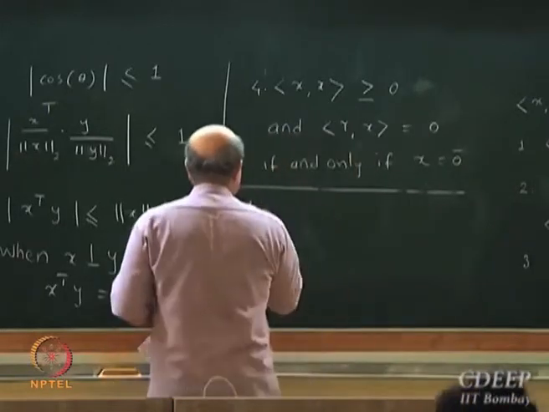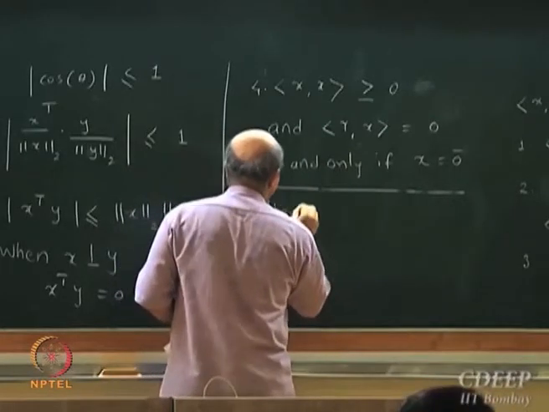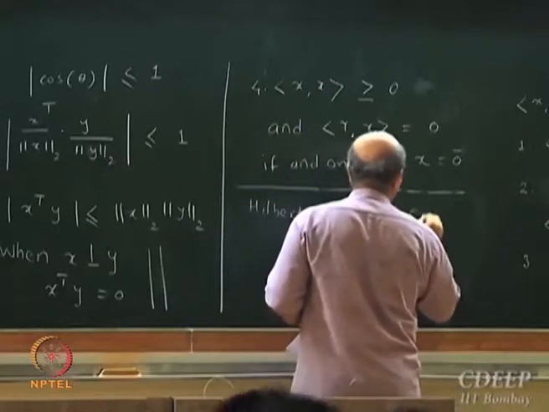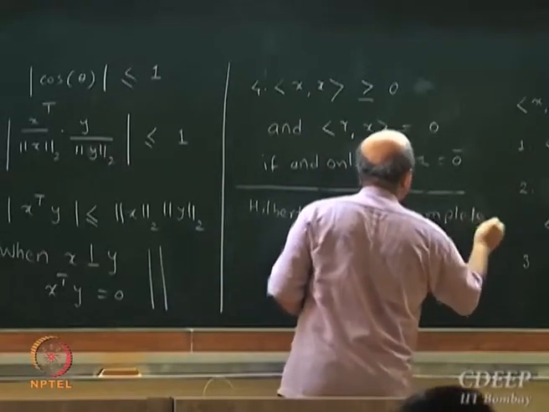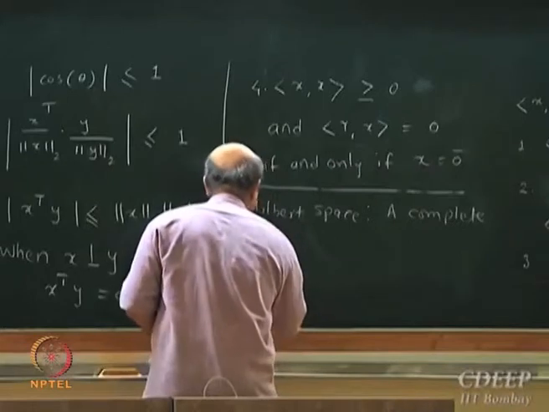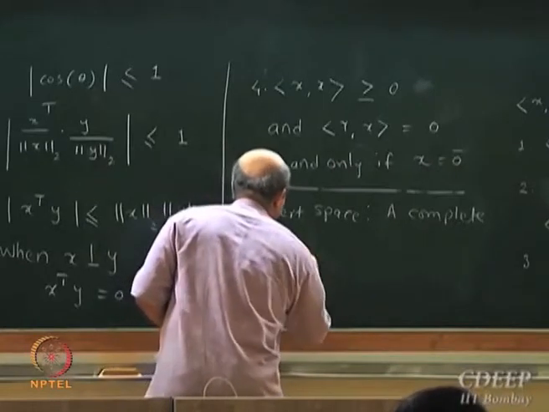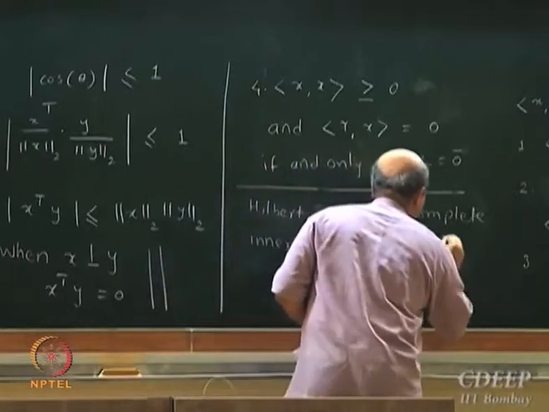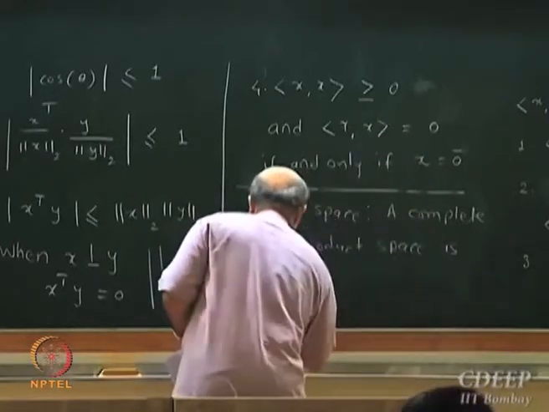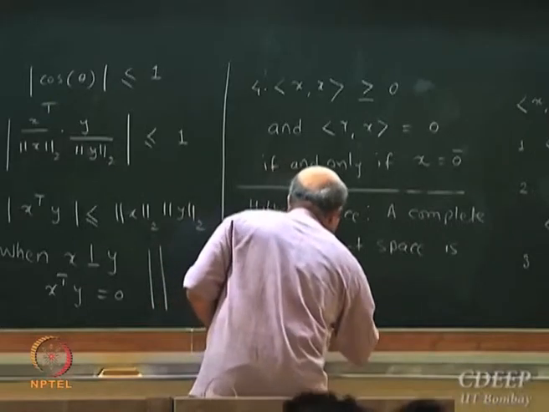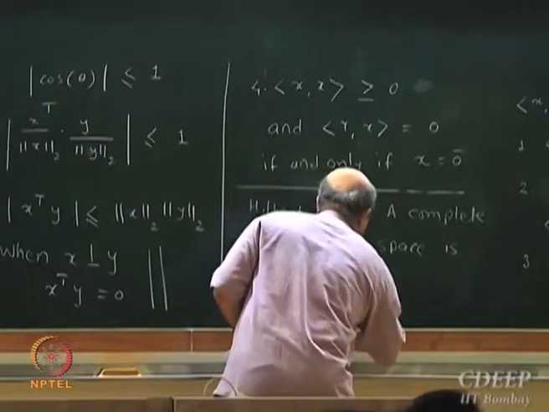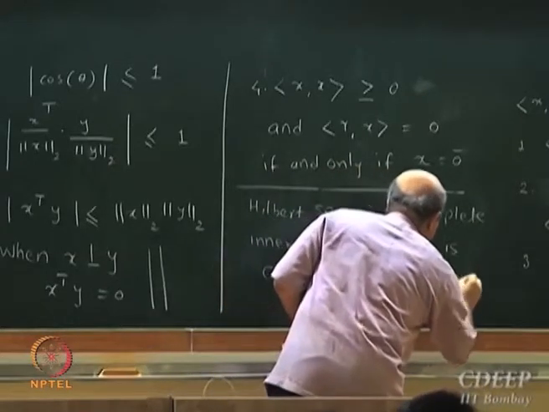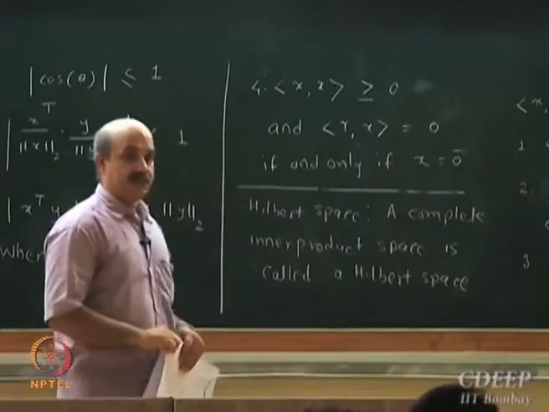So a Hilbert space, a complete inner product space, is called a Hilbert space.